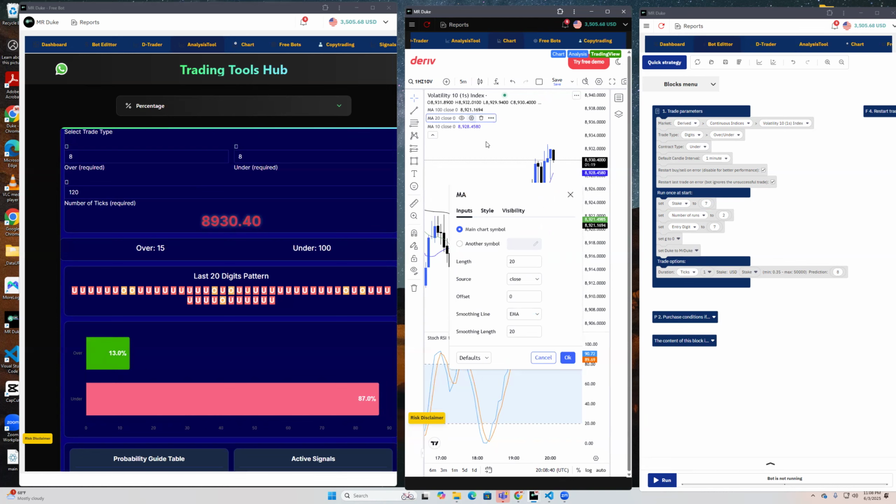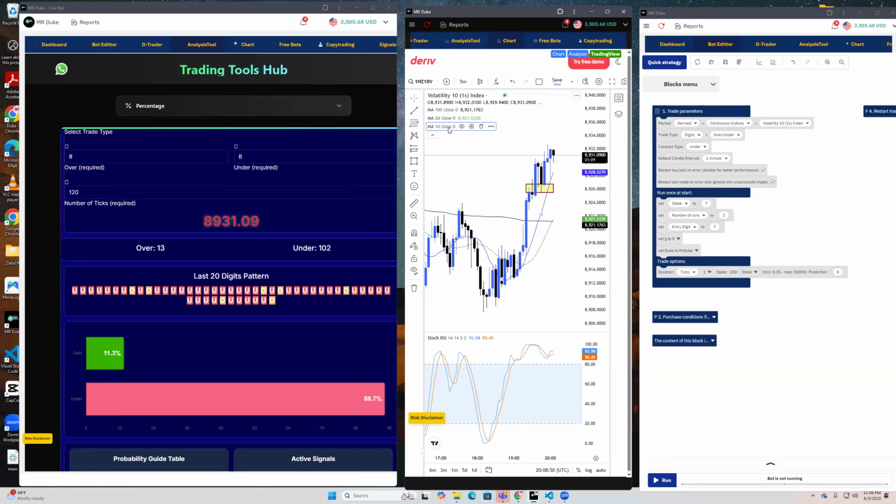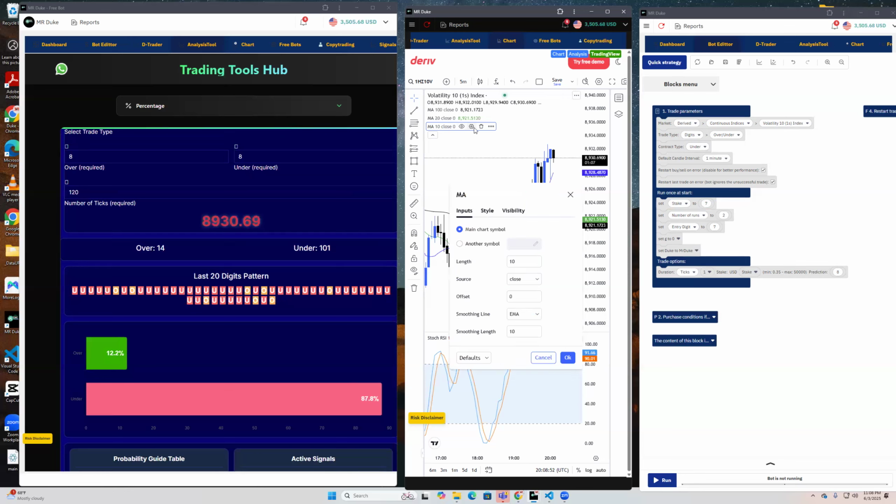Scenario number two, these are my settings: length 20, smoothing 20, and smoothing line EMA. Scenario number three, we have 10, 10, and it should be EMA.